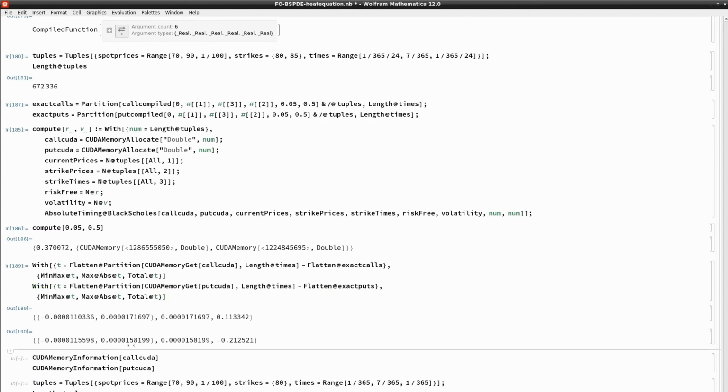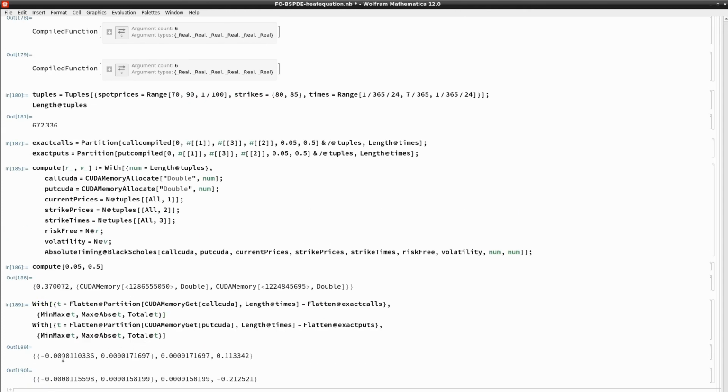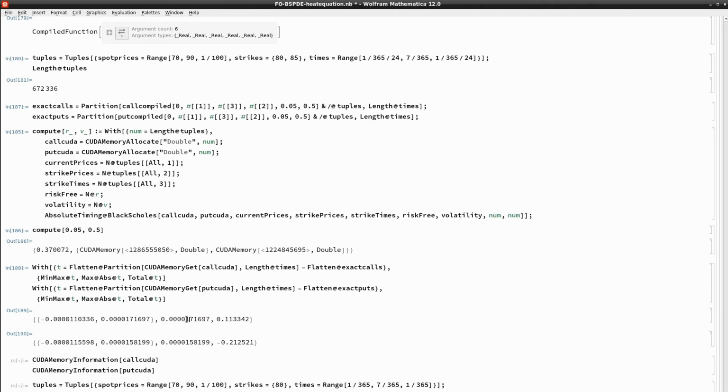And we see that our minimum value has 4 correct decimals, the max value 4 correct decimals. The maximum absolute difference is the same as the max, right? Obviously we have the same number here, 4 correct decimals. That's pretty good.